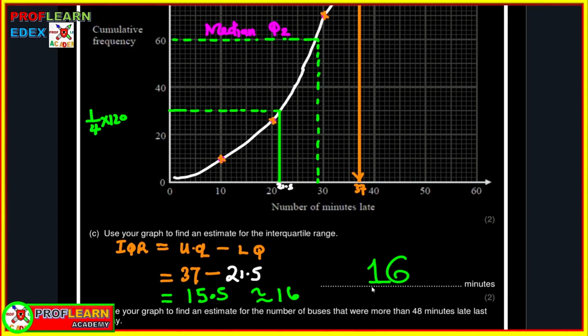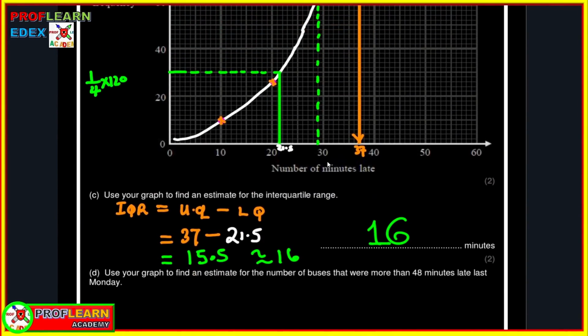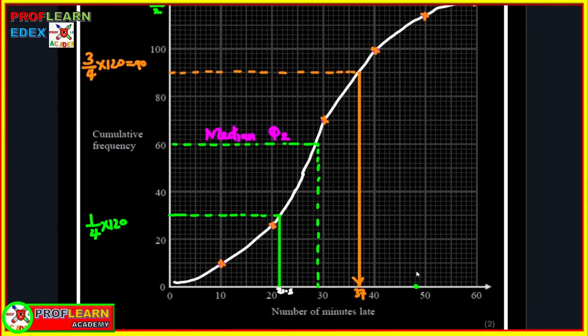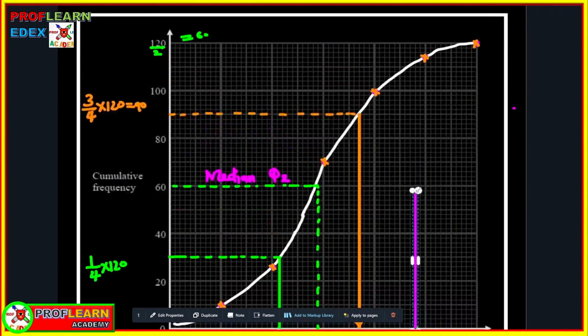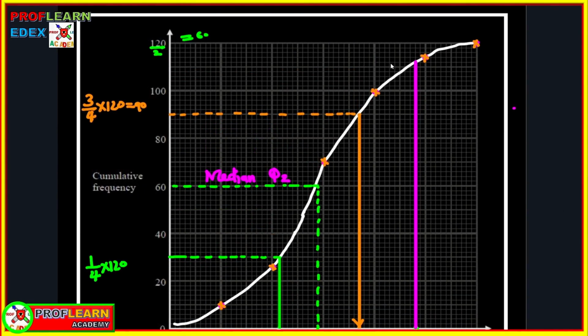Now, use your graph to find an estimate of the number of buses that took more than 48 minutes. You go to the x-axis, check where 48 is, and draw a straight line up to meet the graph. Then we go across this way and read the value, which is 112.